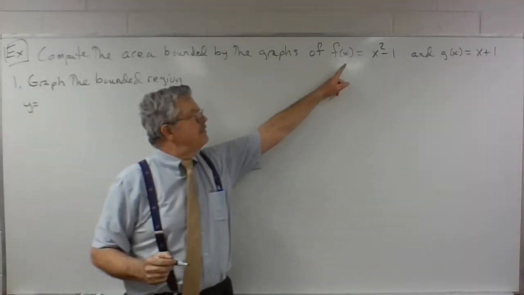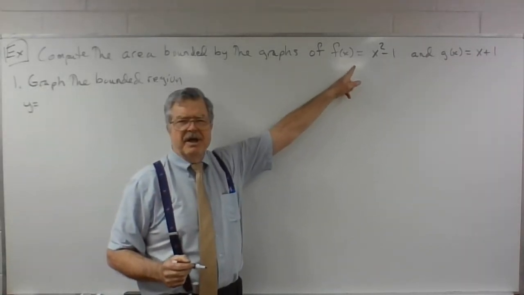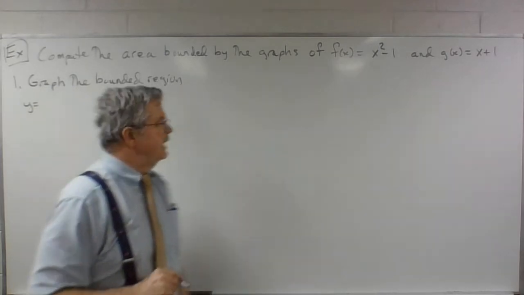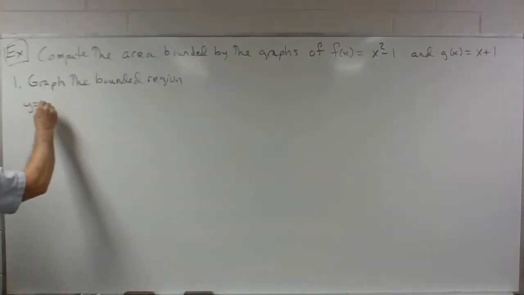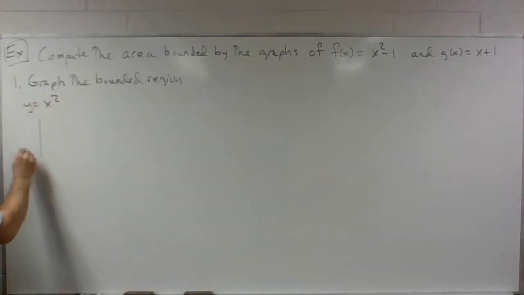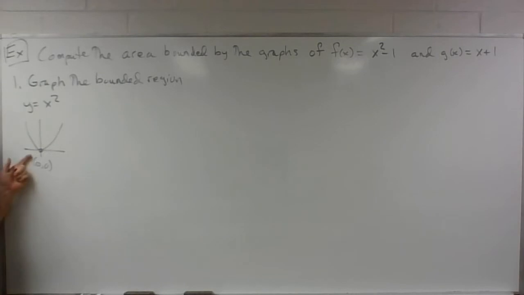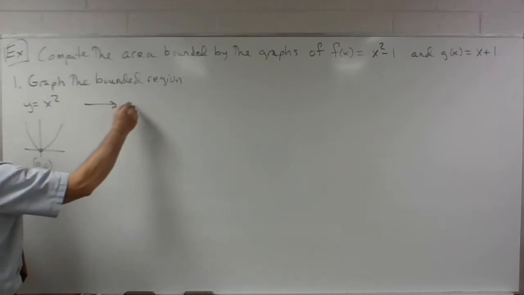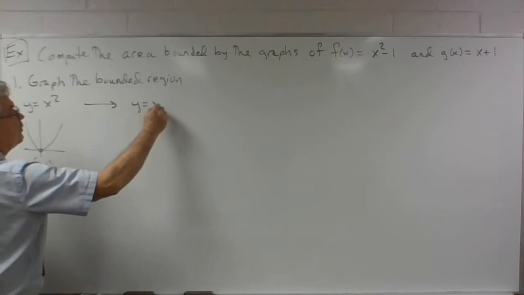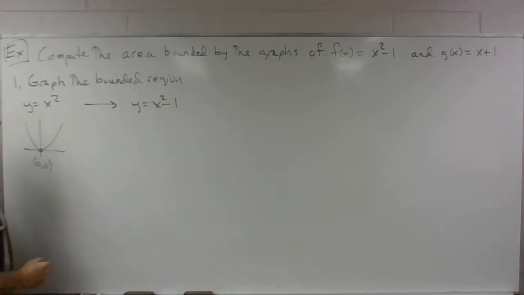To get f of x equal x squared minus 1, let's think about this for a minute. This is what the graph of f of x equal x squared looks like. So what about the graph y equals x squared minus 1?